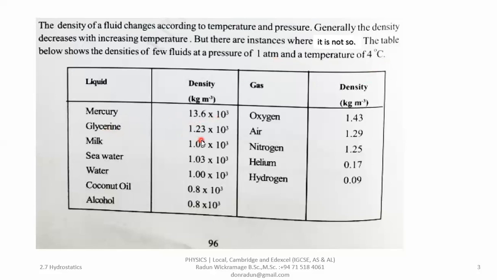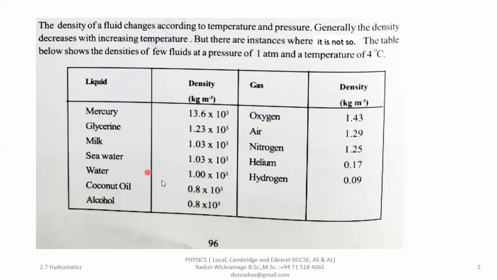Glycerine, 1,230. Milk, 1,030. Seawater, similar. Water has 1,000 kilograms per cubic meter. Coconut oil, 800. Alcohol, 800.